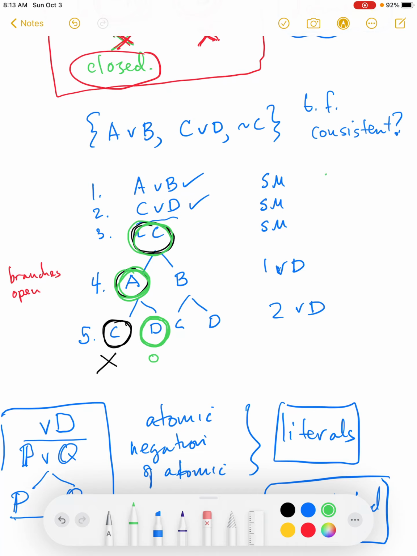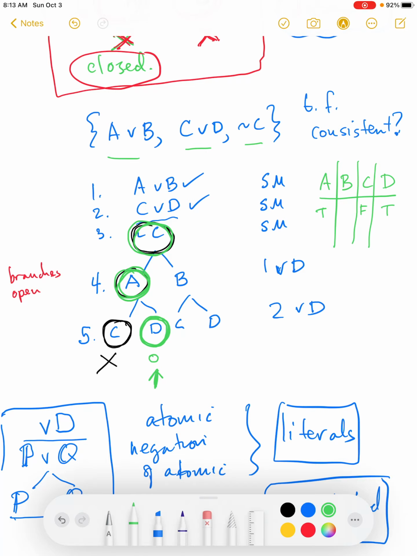So there are four atomics, A, B, C, and D. And this branch here that we just looked at in green tells us that a truth value assignment that makes D true, A true, and C false will make the 3 members of the set true. Note that it does not give us a truth value assignment for B, and I'll talk about the significance of that in just a moment.